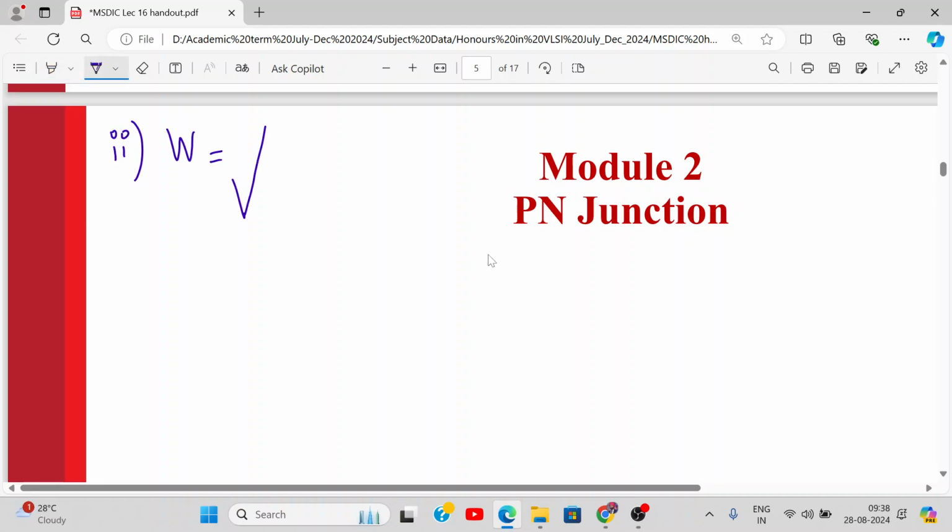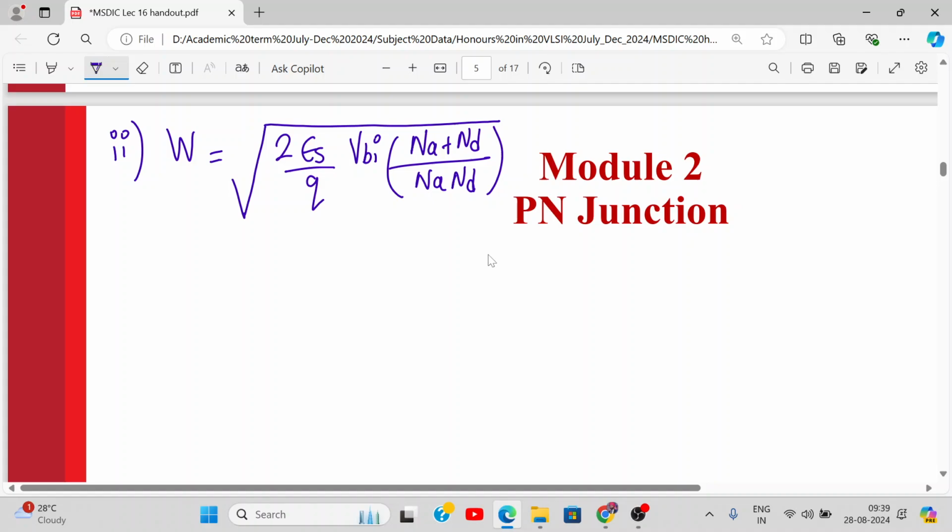W is given by under root of 2 epsilon s by Q into VBI times Na plus Nd upon Na Nd.